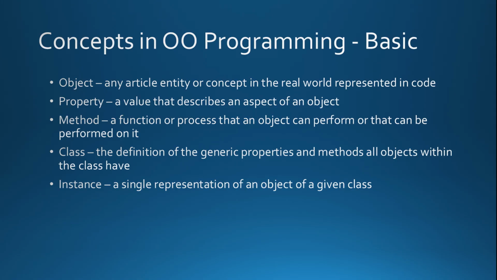As I said, objects have properties and methods. A value that describes an aspect of an object, that's the property, it's descriptive. Think adjectives or nouns. Versus the method, a function or process that an object can perform or that can be performed on it. Something you can do to it or something that it can do, that's going to be our method or our verb.